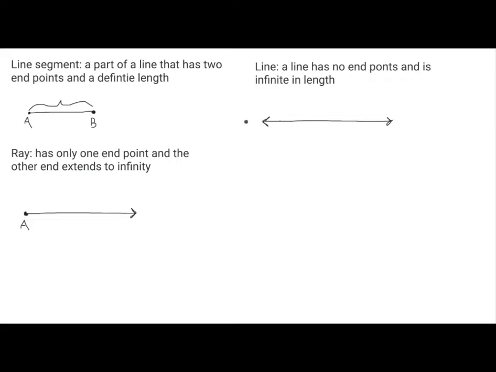And of course, this line will continue on this way and the other way for infinity, but we didn't exactly want to draw an infinitely long horizontal bar to represent the line, since that would take an infinite amount of time.